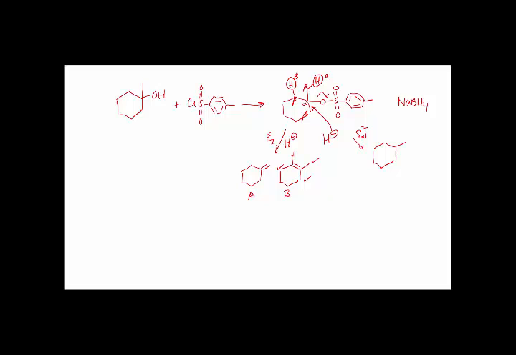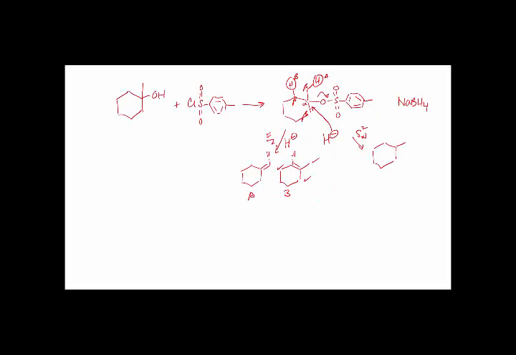Since there's 4 things attached, if one of them is a hydrogen, that means 3 alkyl groups. For A, it's got 2 hydrogens, which means it has 2 alkyl groups. So more alkyl groups, more stable.